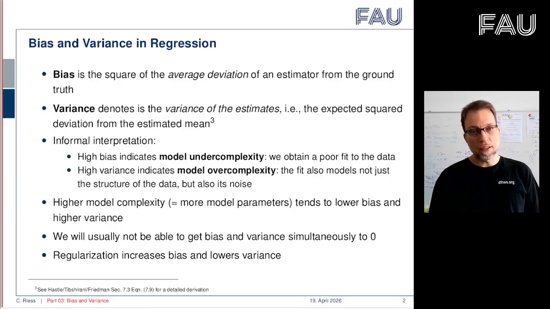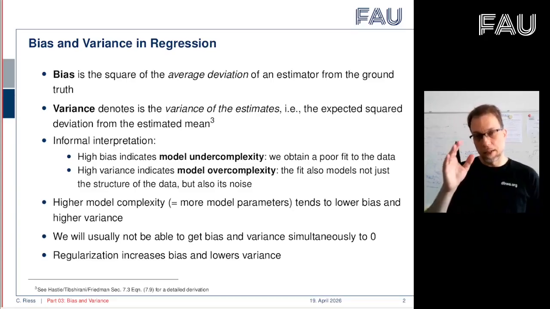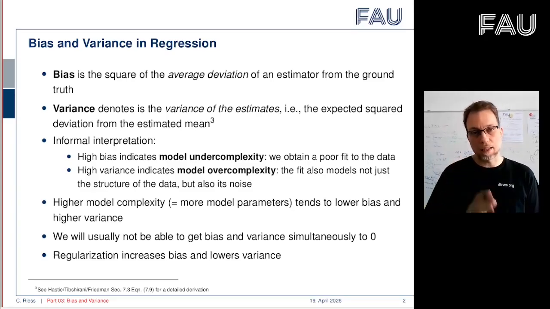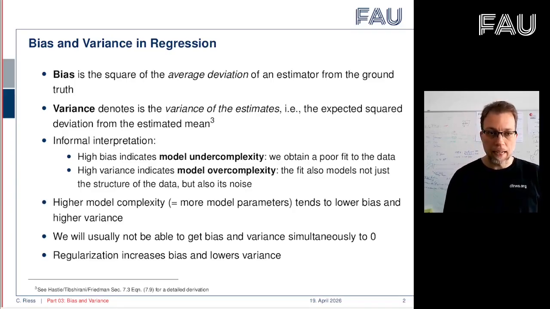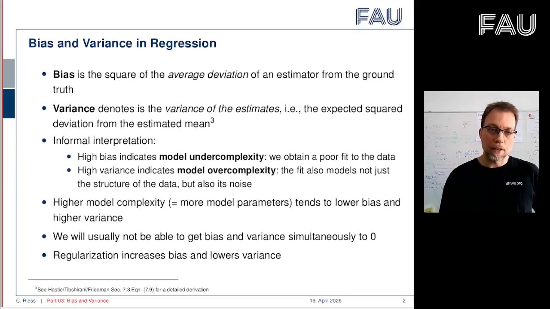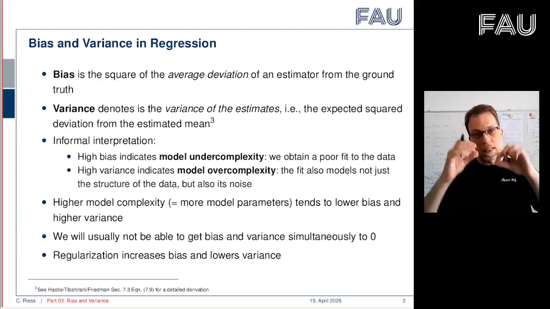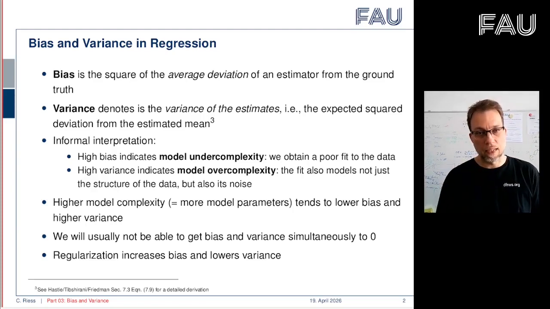For bias and variance in regression, this is the variant that Hastie, Tibshirani, Friedman essentially discuss. There, the bias is the square of the average deviation of an estimator from the ground truth, and the variance denotes the variance of the estimate, so an expected squared deviation from the estimated mean.